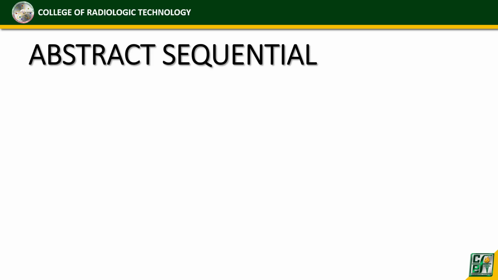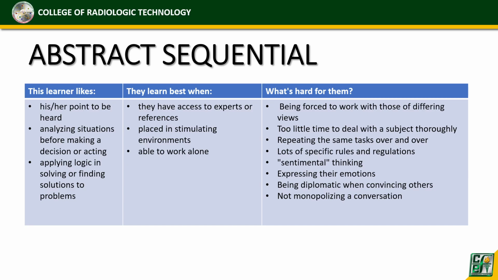Okay, so next, we have abstract sequential. So this type of learner likes their point to be heard. They analyze situations before making decisions or acting. They apply logic in solving or finding solutions to problems.